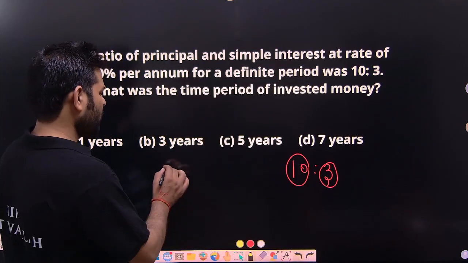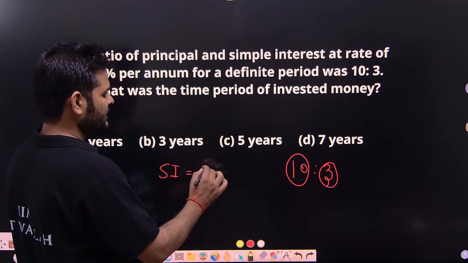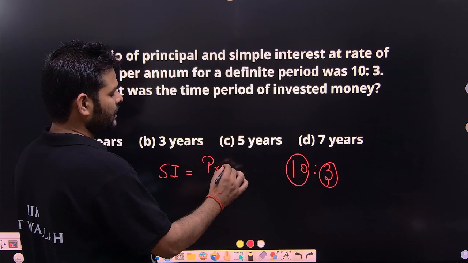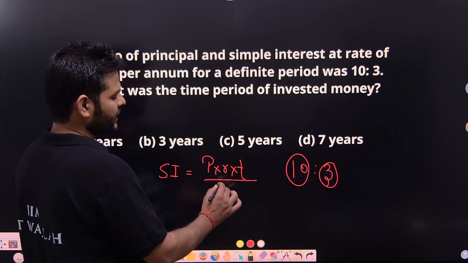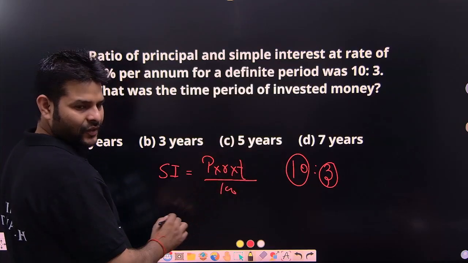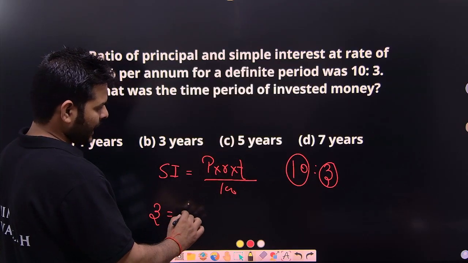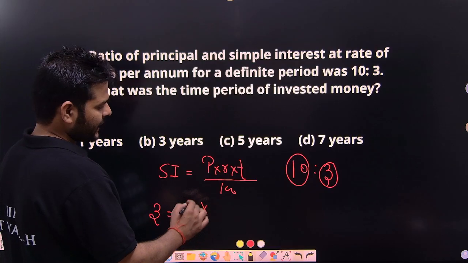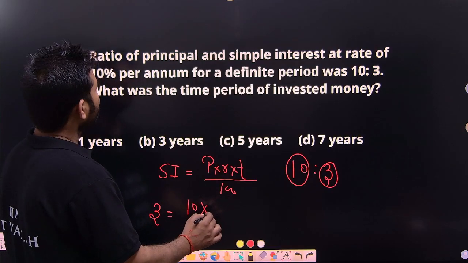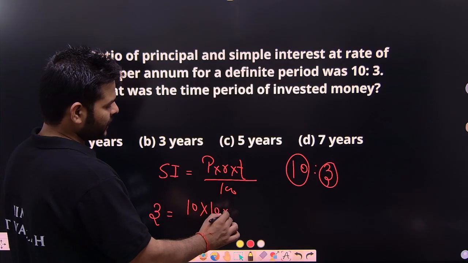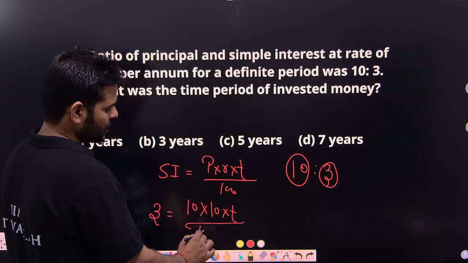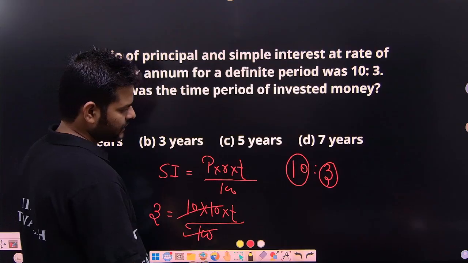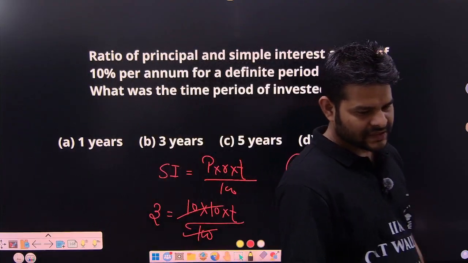And we know the formula: SI, simple interest, is principal times rate times time upon 100. Just plug in the values: simple interest 3, principal 10, rate 10, time we have been asked. So directly you will solve and get T equal to 3. So just after 3 years.